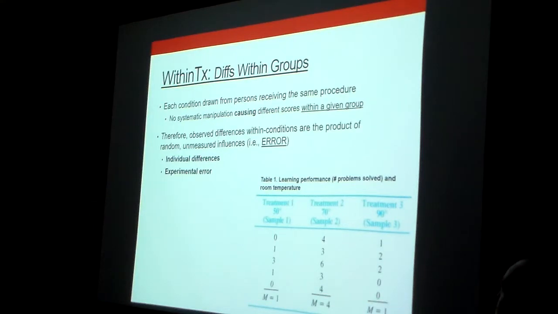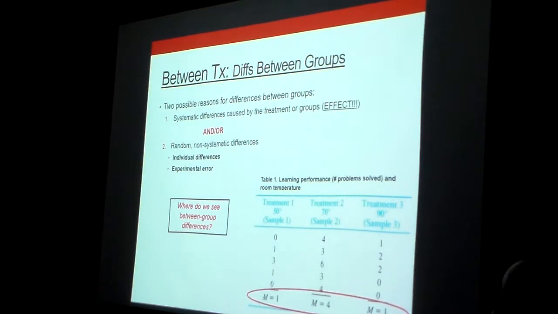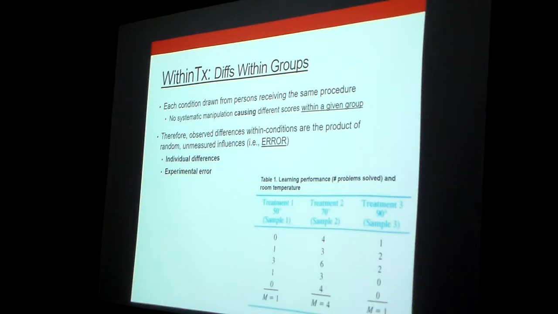Okay. So this is our between group differences. But we also have our within group differences to think about. Okay. Within each condition, right? So everybody in treatment 1, treatment 2, treatment 3, if we've conducted a good, tight experiment, there should be no systematic differences within individuals of a particular category causing different scores within a group, okay? So everybody completing whatever our experimental task is, everybody completing this in treatment 1, it's the same, right?